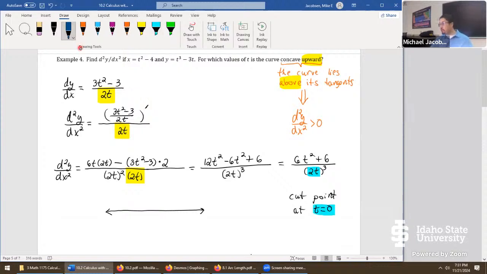That suggests we should break up our interval in this way. So we have two infinitely long regions, one going to positive infinity, one going from negative infinity to 0. And on both of these, what we're trying to find is the sign of d2y/dx2.